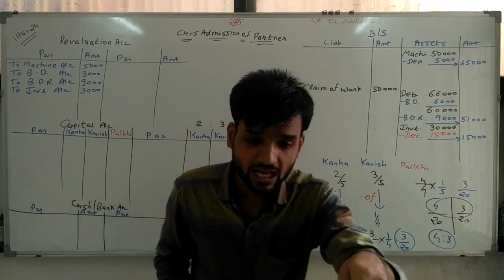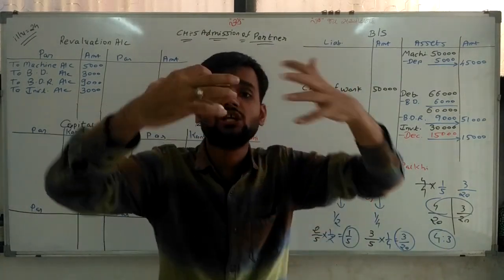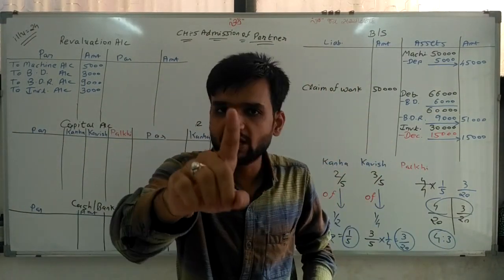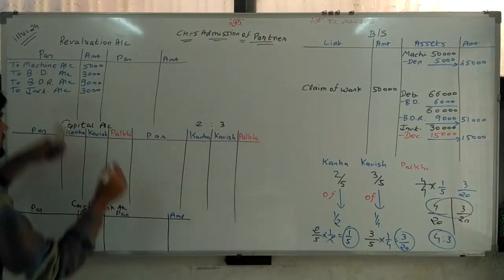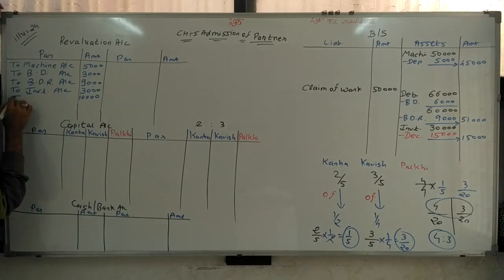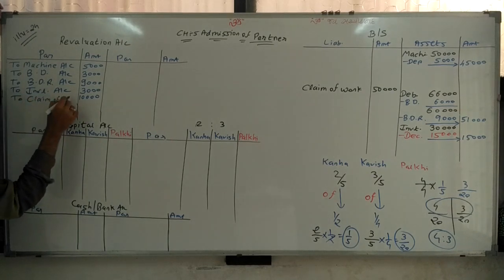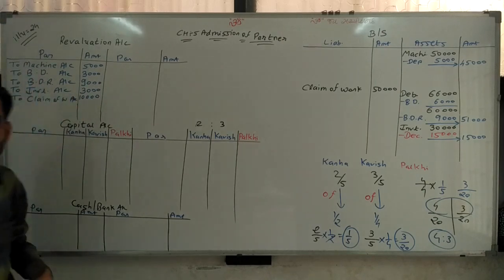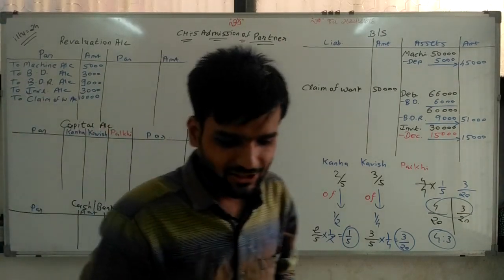So 40,000 is there, but here 10,000 increases and liability increases. Then again we are writing here 10,000 to claim of worker account. Simple, sir.